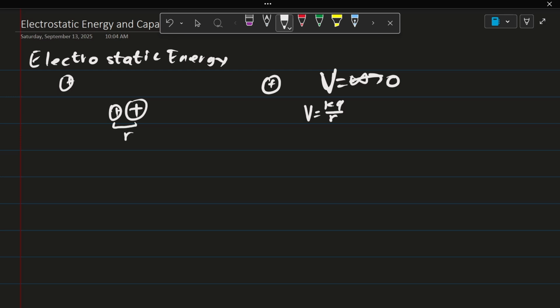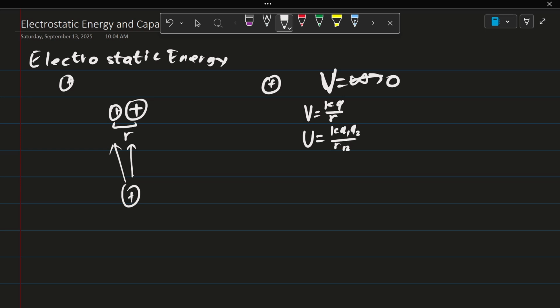So what if I start to bring another particle from far away and bring it close? Well, now first of all, this would mean that we'll have the potential energy to be KQ1 Q2 over R12.